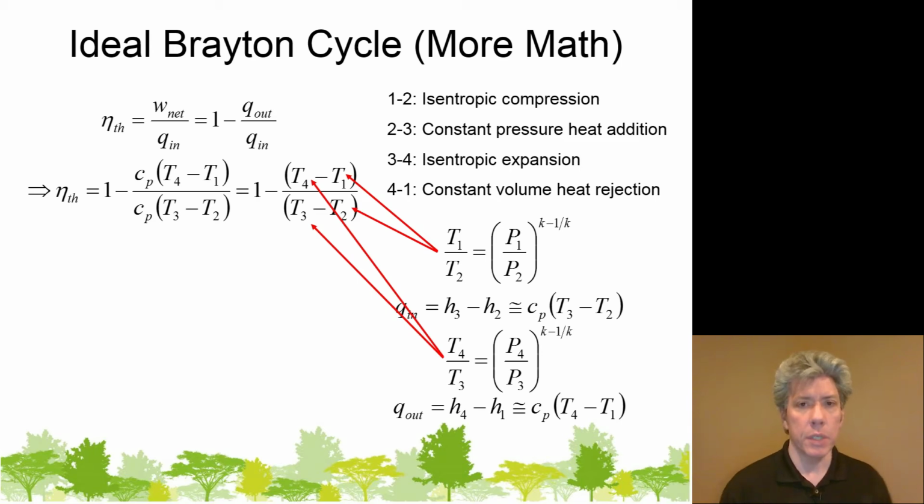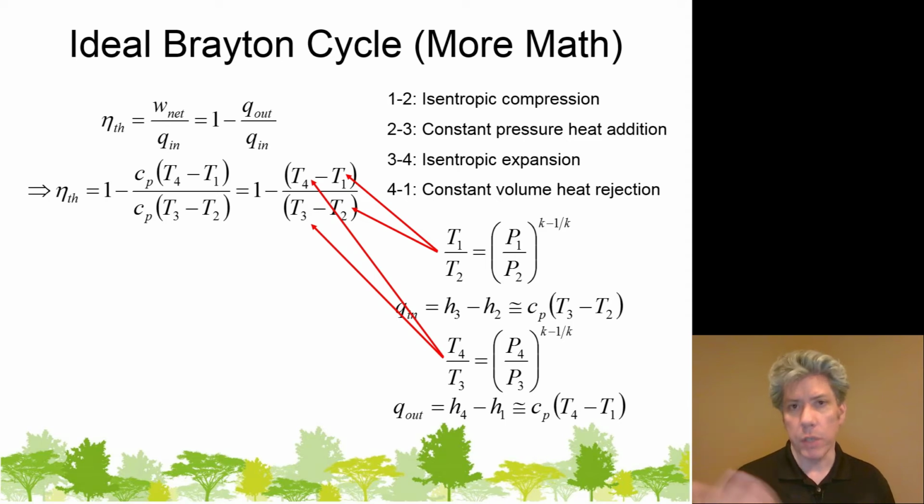Now, what's more interesting here that you should note is that we're not using the same isentropic equation that we used for the spark ignition cycle. We're using an equation that relates the temperature in the two states for the compression and expansion processes to the pressures in the two states.